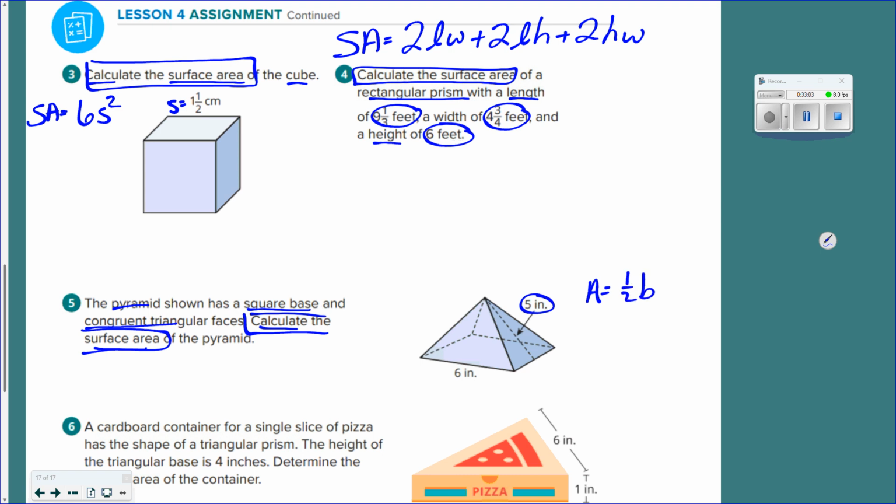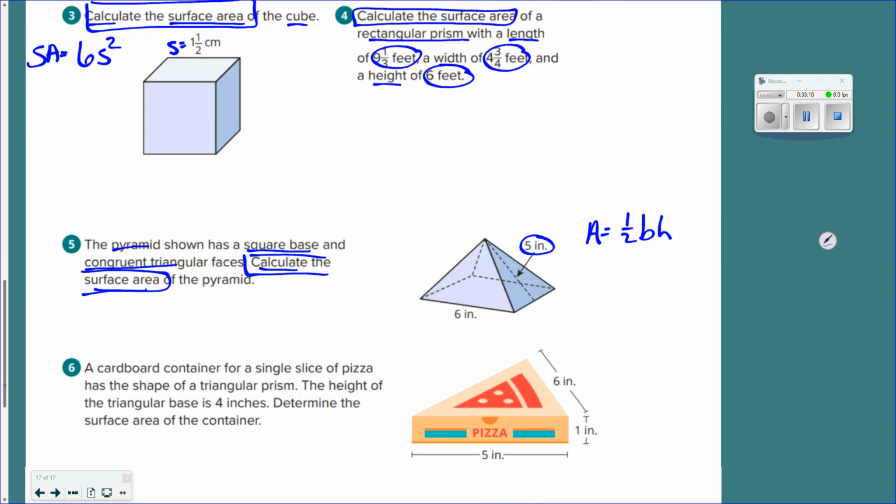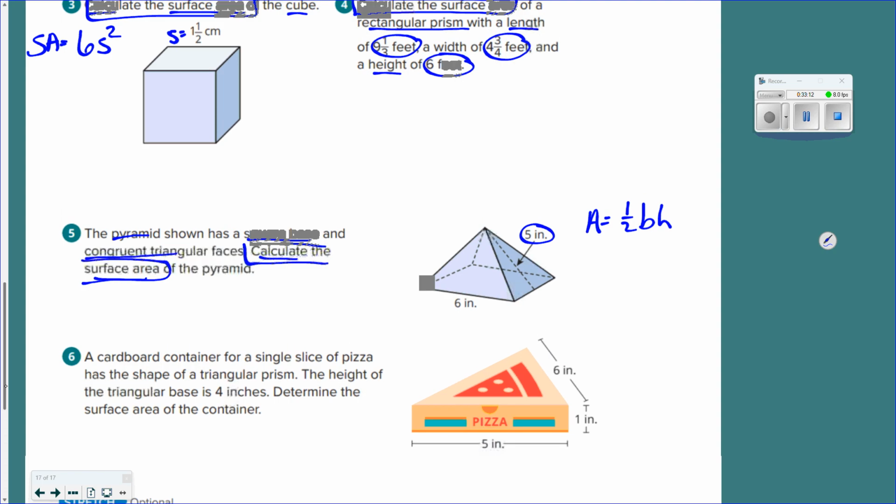This next one is the most missed problem, I think, in all of 6th grade. Like last year, I think there may have been 3 kids that got this right. So this has the shape of a triangular prism, and I think that's what messed everybody up. They gave you the height of the triangular base, that is 4 inches. Then they said, determine the surface area. Why is that important? Because they didn't actually give you the 4-inch height in here, did they?